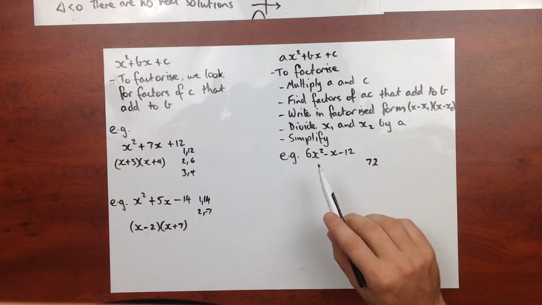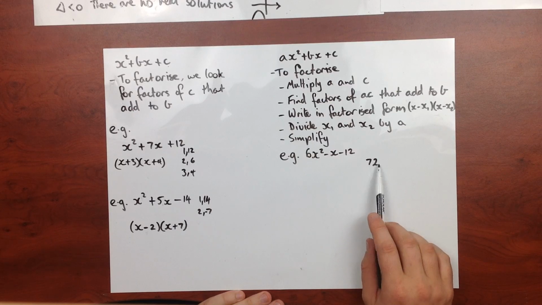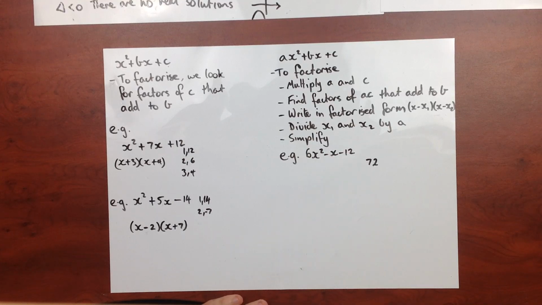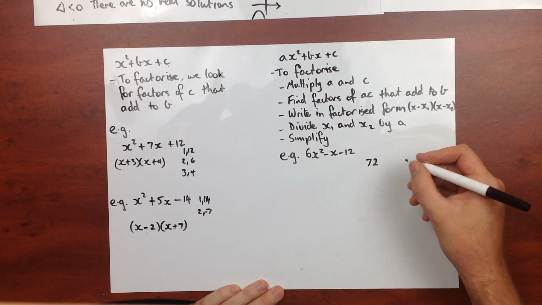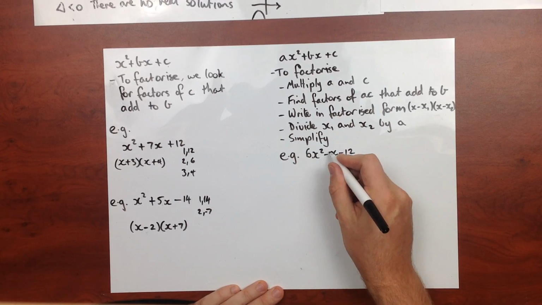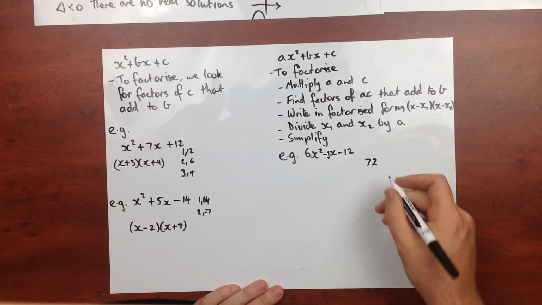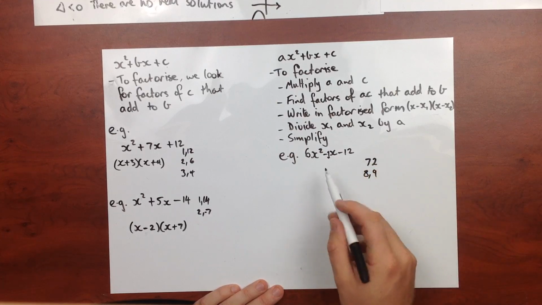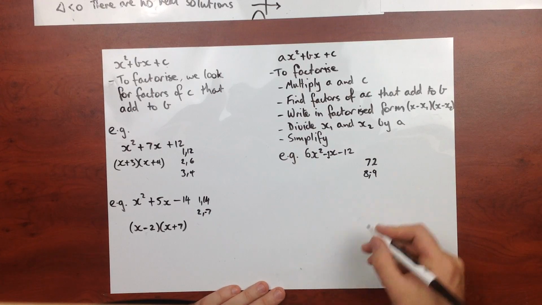Then we want to find factors of 72 that are going to add to give our value of b, in this case -1. So it's going to tell us pretty quickly that we need two factors that are only 1 apart. And in reality, we can see pretty quickly that it's going to be 8 and 9. Since it's -1, we know that 9 has to be the one that's negative.